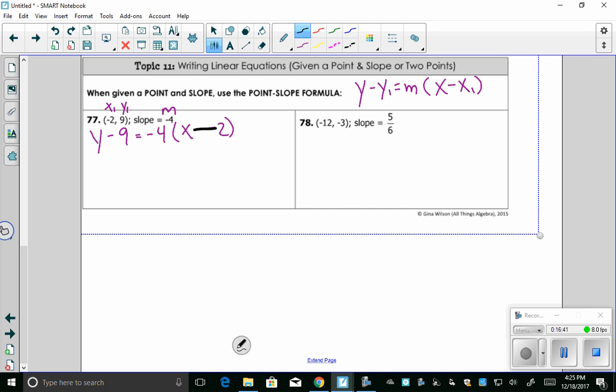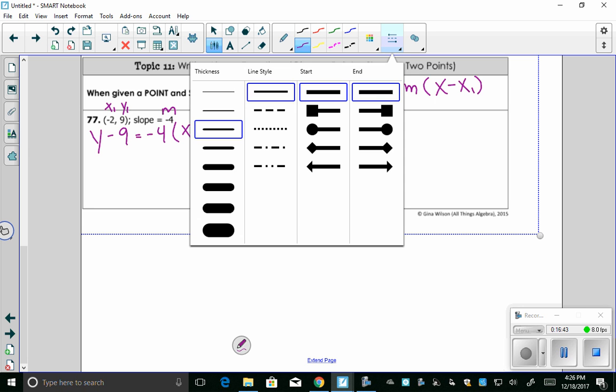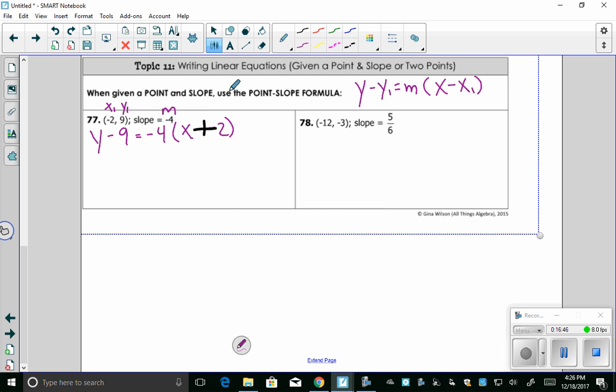Two negatives side by side become a positive. And now I'm ready to distribute. Y minus 9 equals -4x minus 8. Add 9 to both sides. And you get y equals -4x plus 1. That is the linear equation.